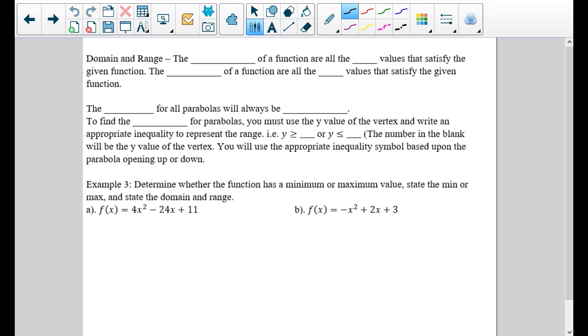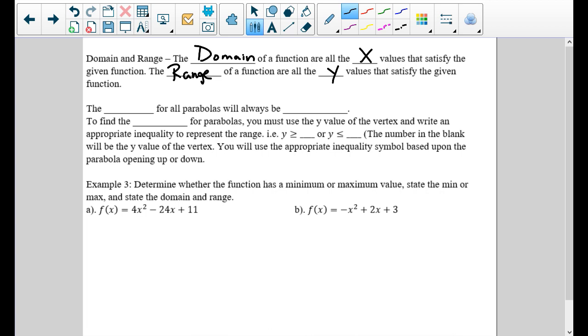It's the x values that satisfy the function. So domain is the x. What's the range? The y's. Doesn't change from what we learned at the beginning of the year.